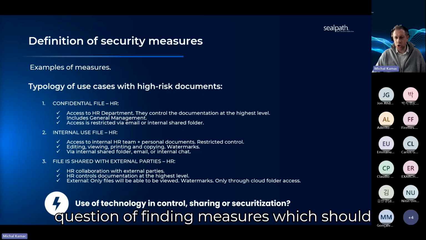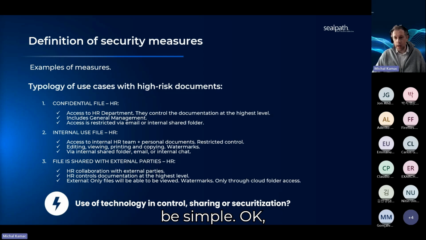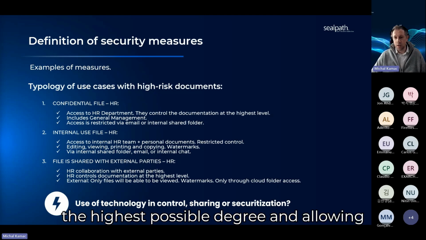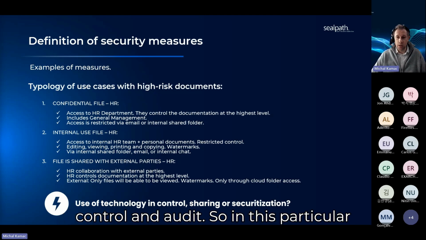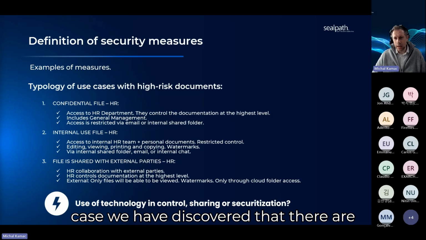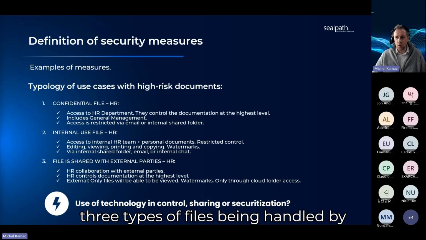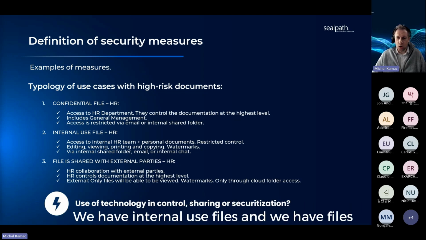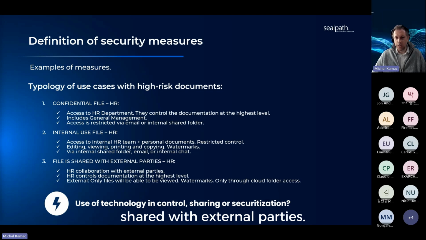So it is a question of finding measures which should be simple, allowing to automate the processes to the highest possible degree and allowing control and audit. So in this particular case, we have discovered that there are 3 types of files being handled by the HR department. We have confidential files, we have internal use files, and we have files shared with external parties.